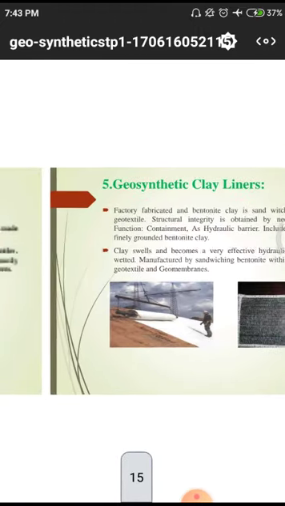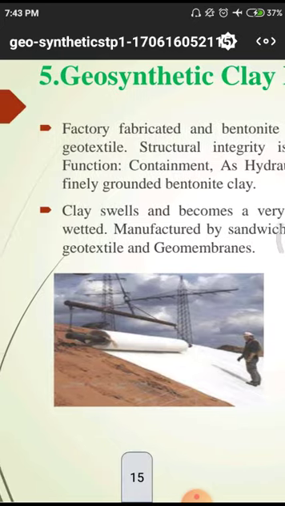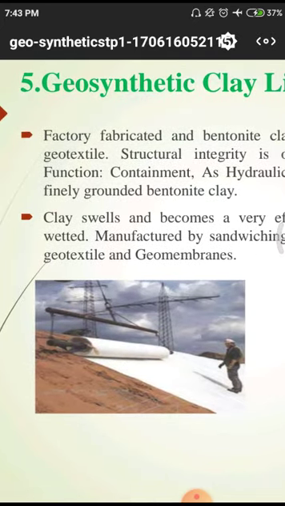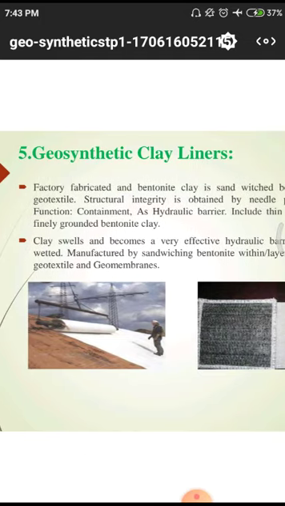And the next one is the geosynthetic clay liners. Normally a geosynthetic clay liner is here. Simply a man was supervising the arrangement of these geosynthetic clay liners. That means a clay liner is simply protecting the slope of clay materials.